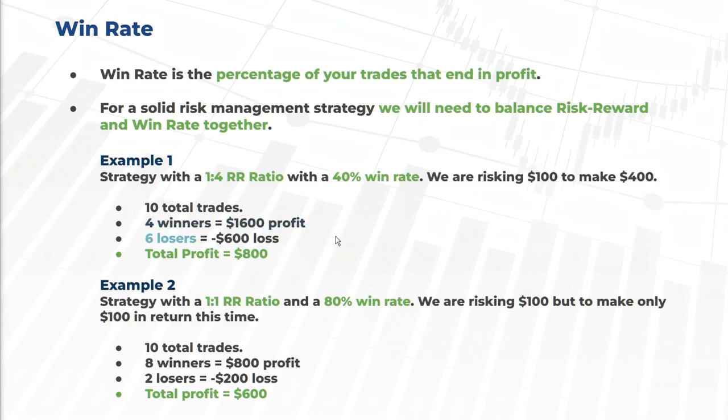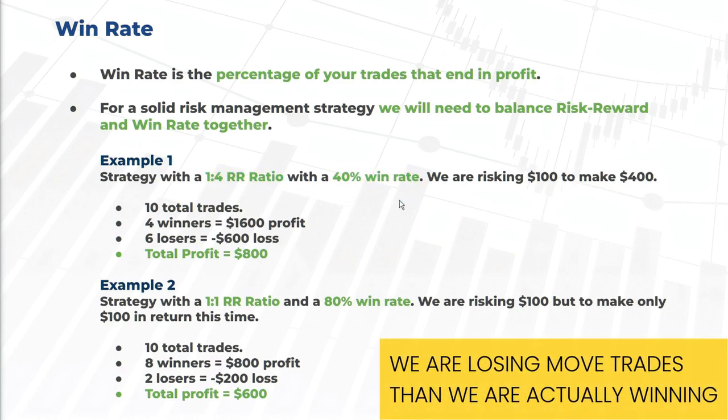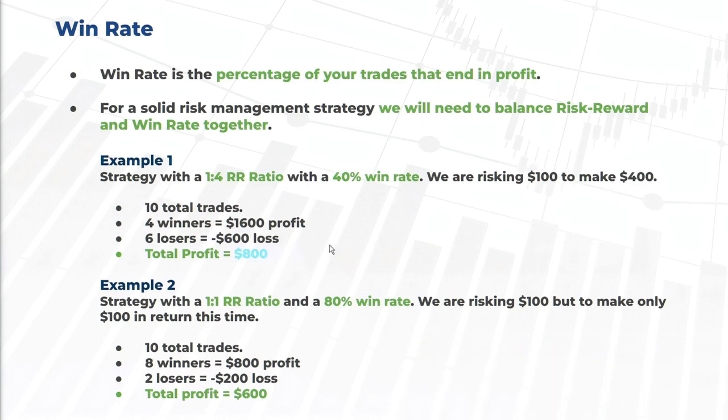Now, the next 6 trades are losers, which is minus $600, which leaves us with a total profit of $800. So for the strategy with a 1-to-4 risk to reward ratio and a 40% win rate, so we're losing more trades than we're actually winning, we are making $800 in total.